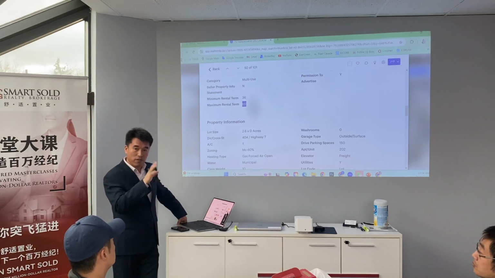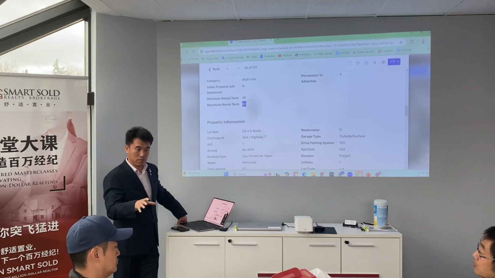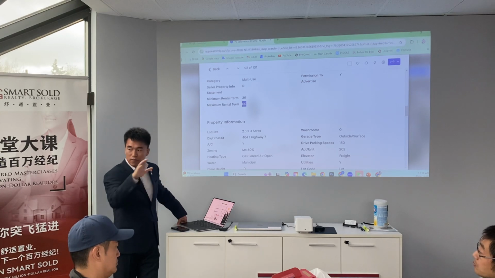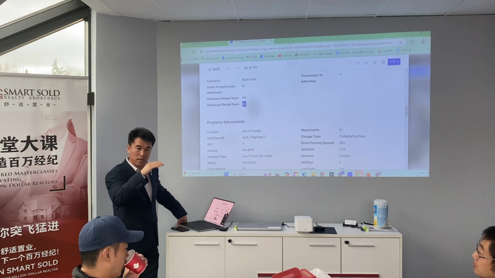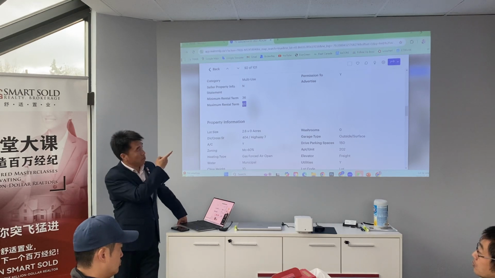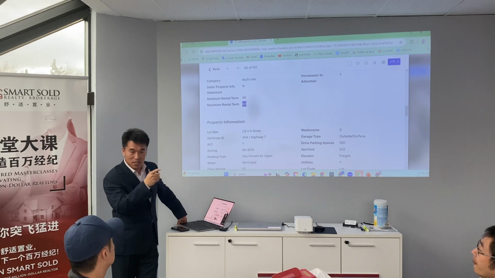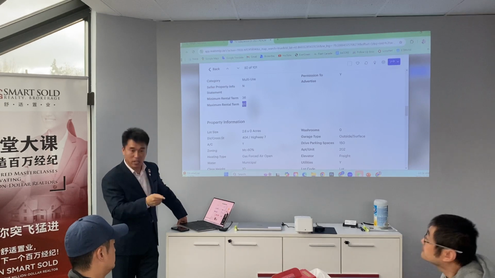It just means 5 plus 3 is gonna be in your agreement. We said the first 5 years is your current lease term. It's all in writing, all defined. Especially the rental is already defined. For example, my listing, the first year 25, second year 26, 27, 28, 29.